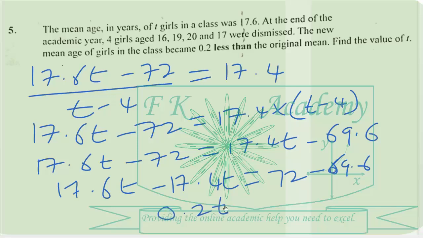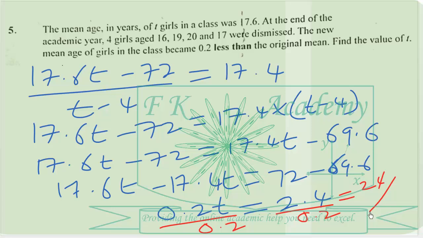Then 72 minus 69.6 will give us 2.4. So we have to divide both sides by 0.2. So this will give us 24 over 2. That will give us 12. So the value of t is 12.